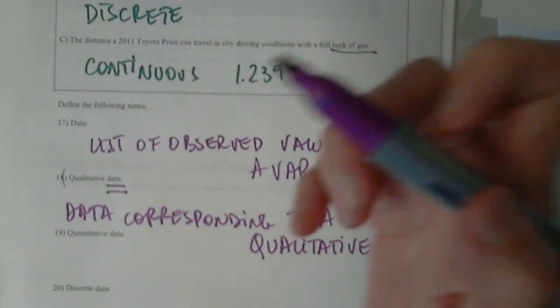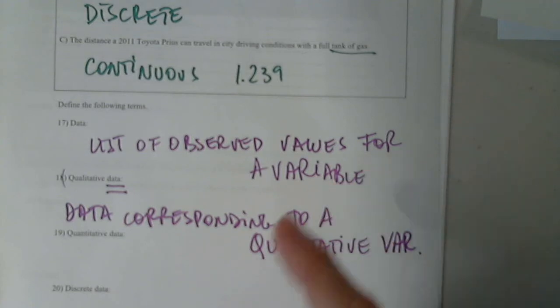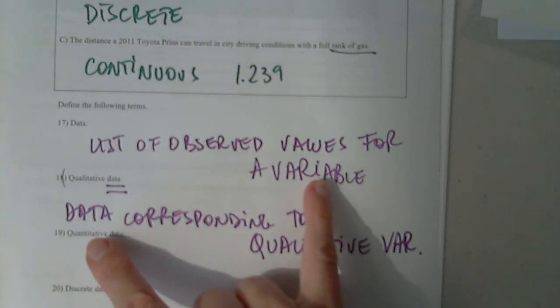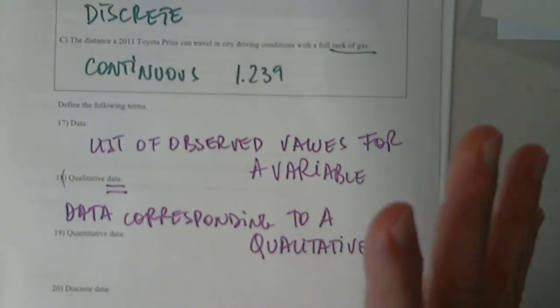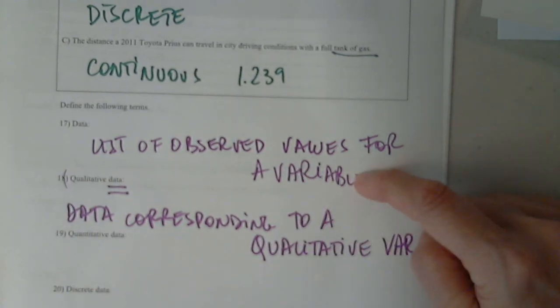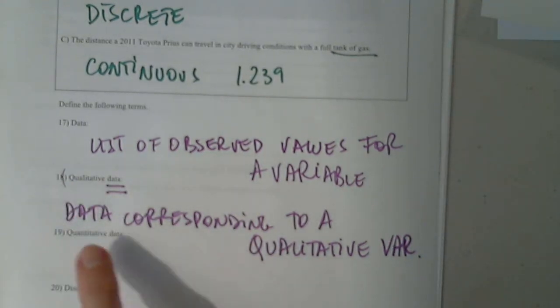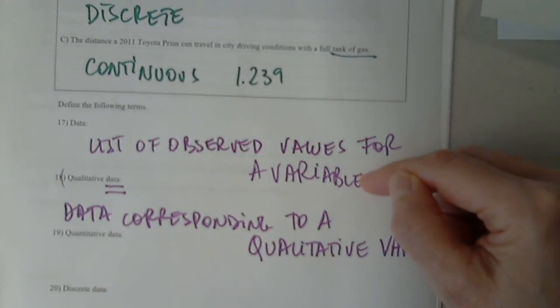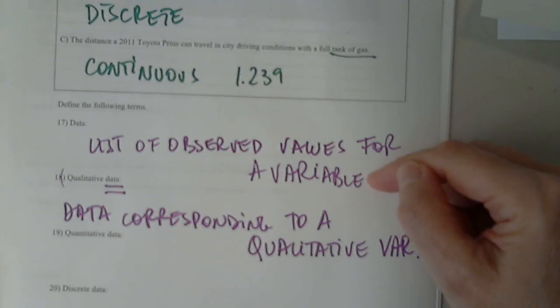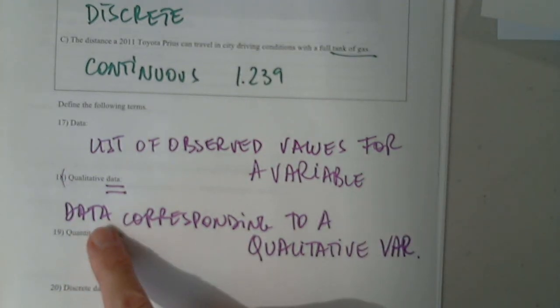Notice that sometimes we refer to data or variable interchangeably, but data is collected on a variable. So if the variable is qualitative, then the data will be qualitative. If the variable that we are collecting data on is quantitative, then the data will be quantitative.